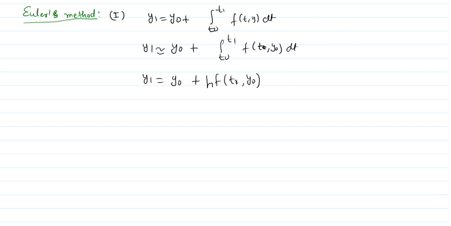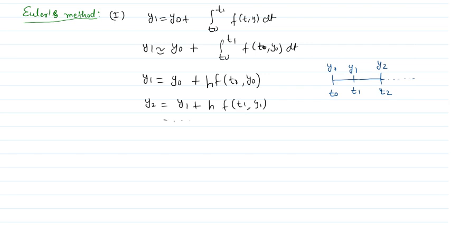So this is the first simple rule. This is called Euler's method. I am starting from this point t0, so the solution at t1 is given by y1. Now repeat the procedure. Go to the next point t2, denote the solution by y2, and so on. Similarly you get y2, that will be y1 plus h f(t1, y1), and so on.